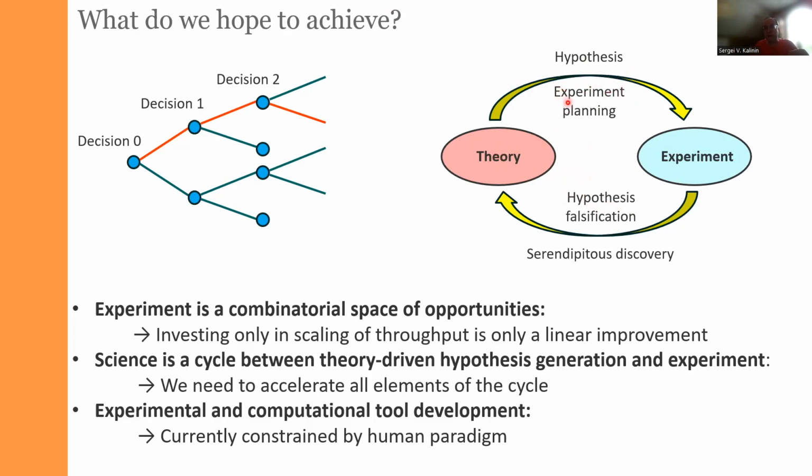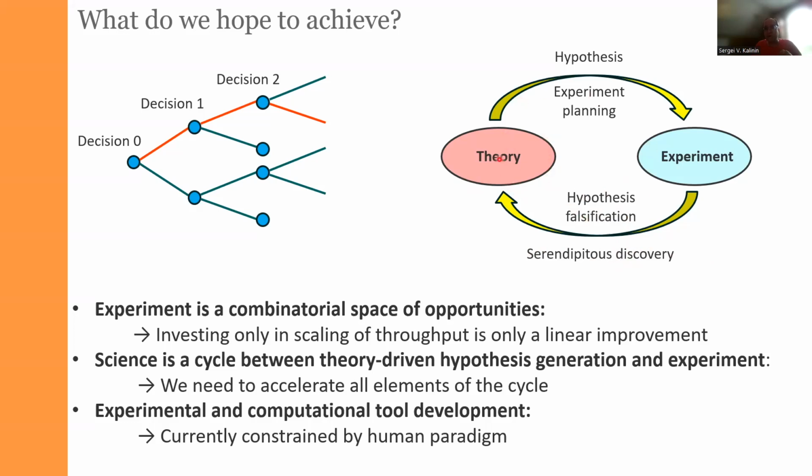Generally, the experiment planning, or the decisions that we make, try to come up with the best way to address this hypothesis. Then we run the experiment, meaning making the measurement. And based on the result of the experiment, we either falsify the hypothesis, so we figure out whether it is right or wrong, or we make a serendipitous discovery. So we see something that we didn't expect. And then we use this new knowledge to update our theory.